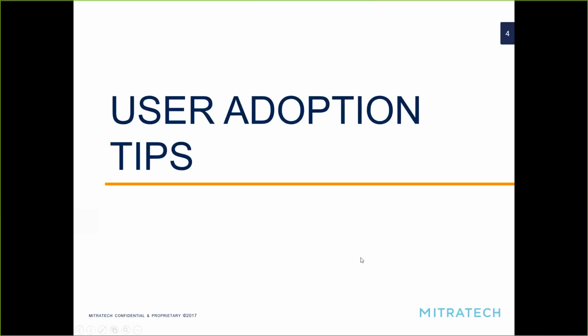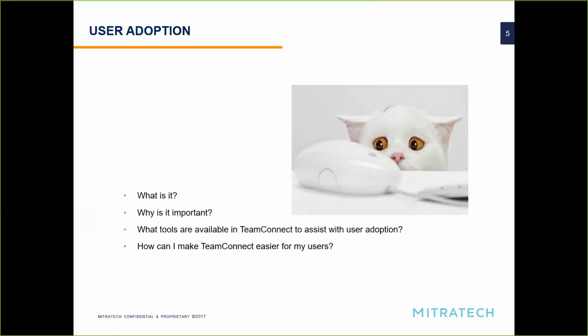The first tips, as I say, are related to user adoption and really helping your users work smarter, not harder. That said, what is user adoption? In a nutshell, user adoption is the mental acceptance and use of new things.